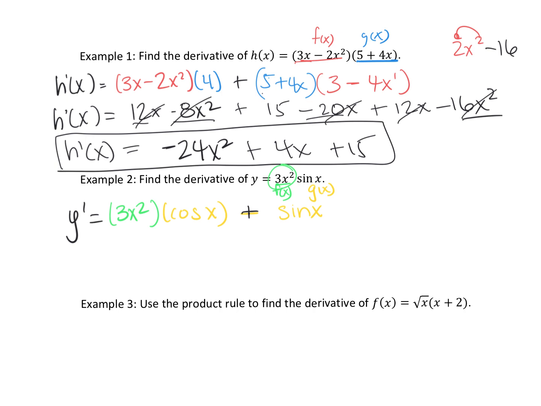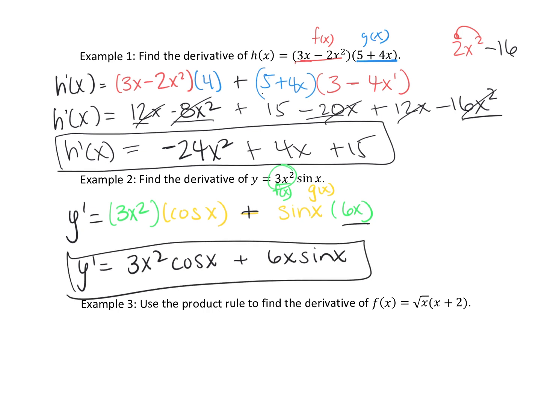So the derivative of this is 6x. And then all you need to do is clean it up, as in, get rid of the parentheses. And then usually we put that in front of the trig function so that it has a nice flow. All right, let's go on to example 3.